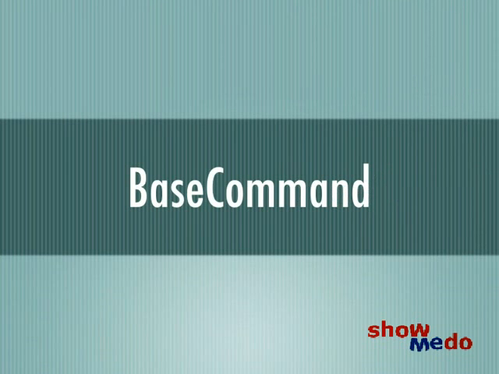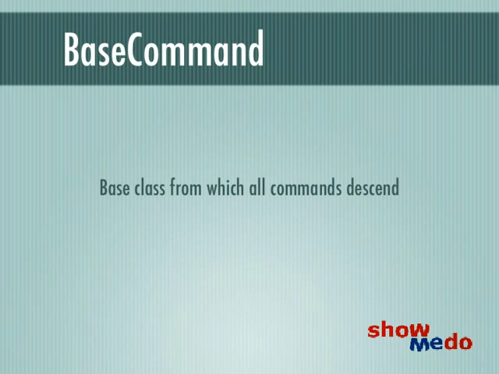First up is BaseCommand. BaseCommand is the command from which all other commands descend. Now there are times that you would want to use BaseCommand, but if possible you want to use another command that descends from BaseCommand that more appropriately reflects the structure of what you're trying to do in your custom management command.